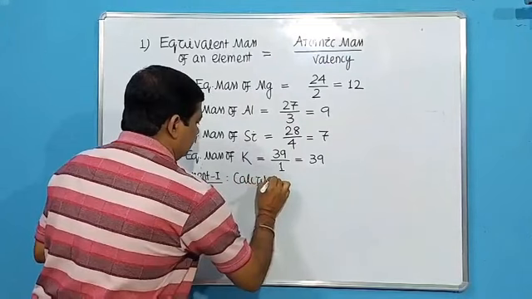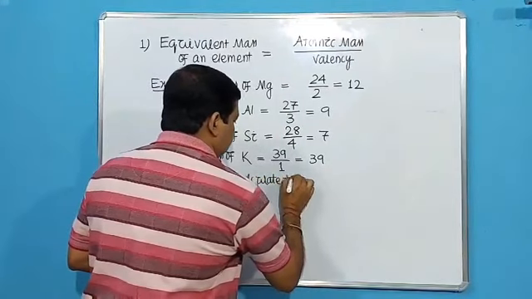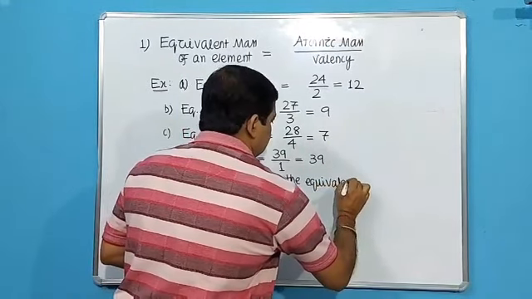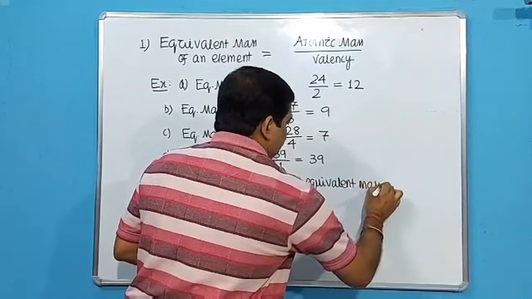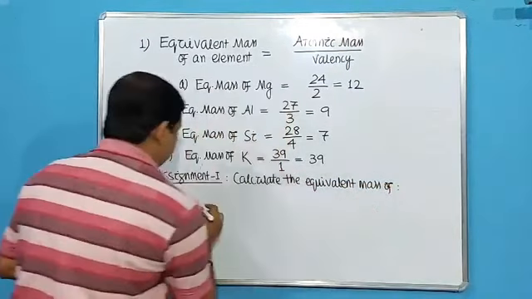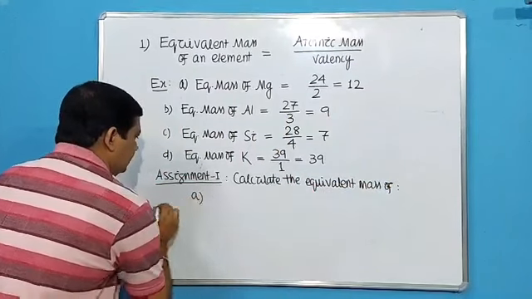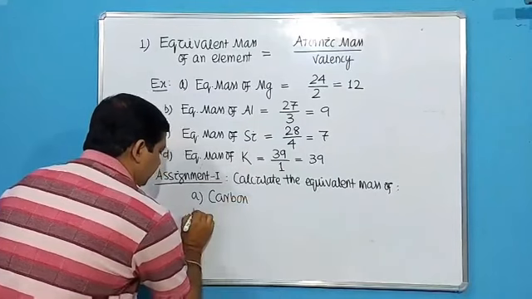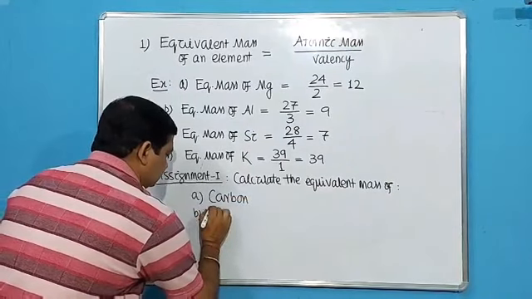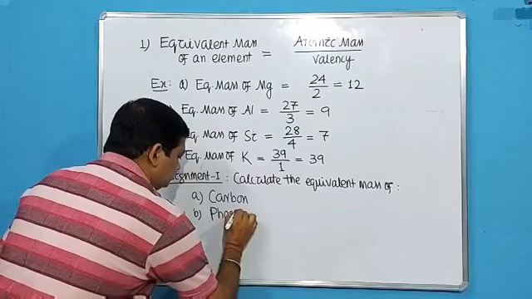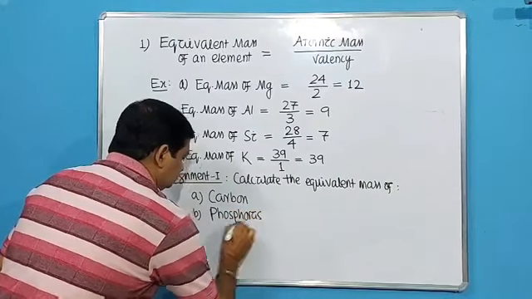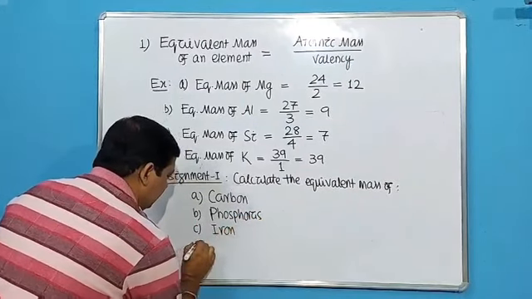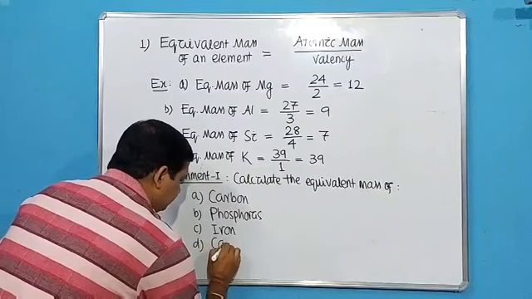Calculate the equivalent mass of the following elements: A. Carbon, B. Phosphorus, C. Iron, D. Calcium.